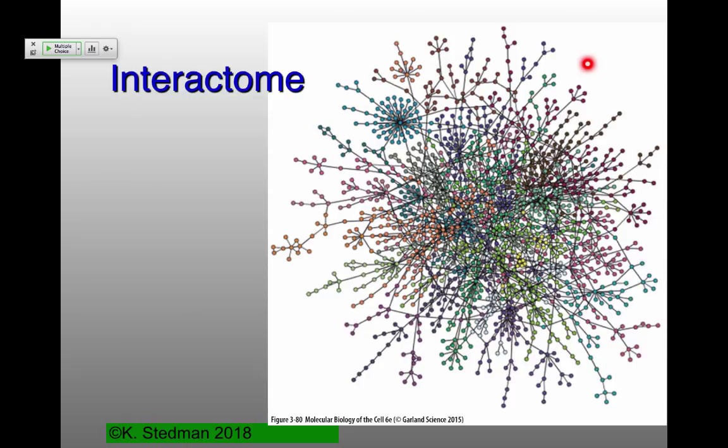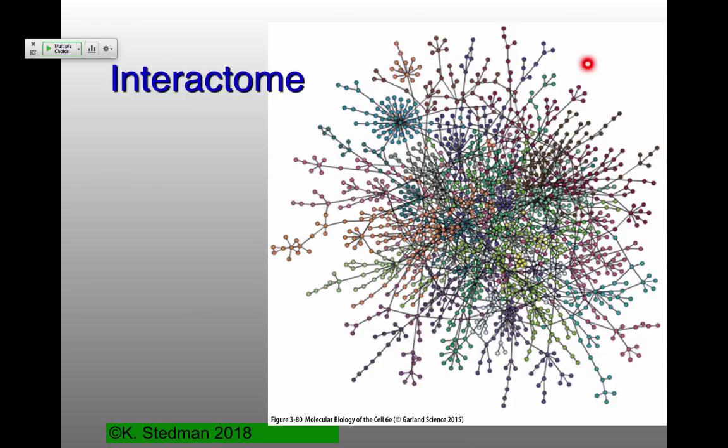So in order to understand how all of these things are working together inside the cell, you really need to know who all of the partners are. And this is just one example of a relatively simple case, if I remember correctly, this is yeast, of how each of these proteins are interacting with each other. And right at the end of the course, we'll talk about how you get this kind of map.